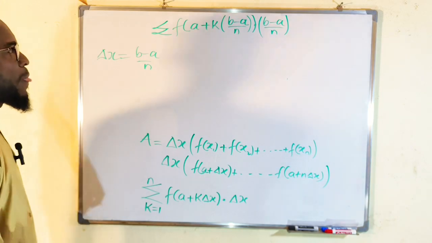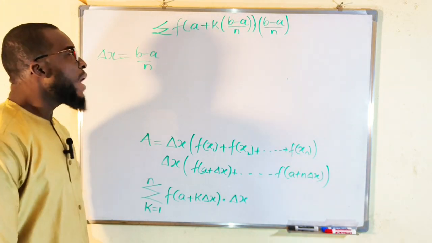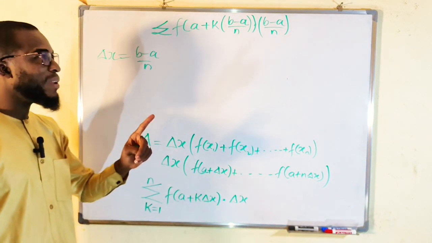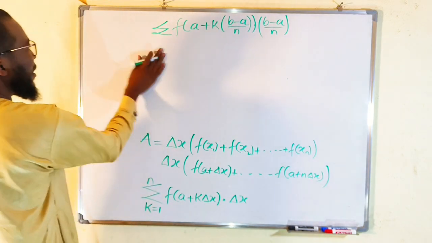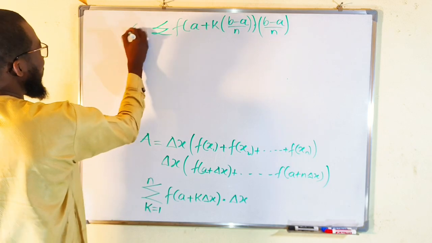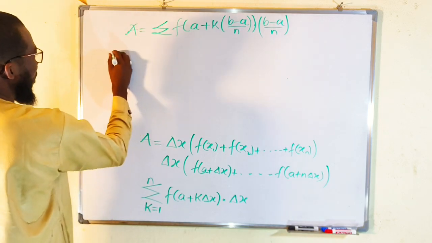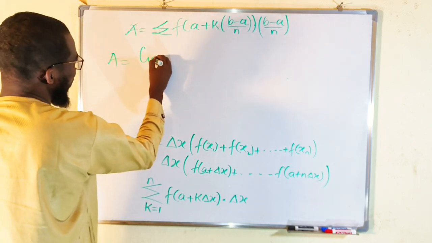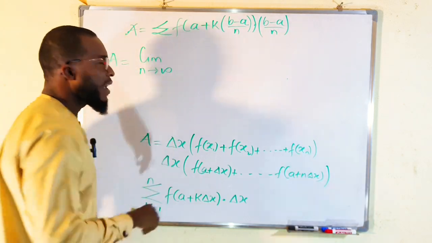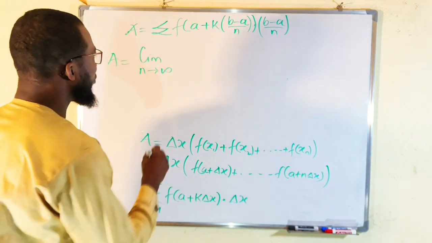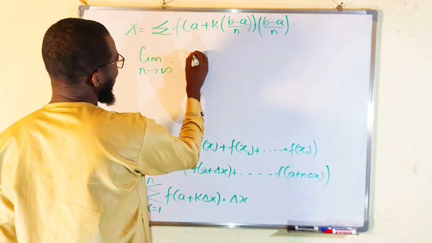But wait, if you want to get more accurate results, you have to take the limit as n approaches infinity. So we're going to do that here. This is our area, remember? So our area would be the limit as n approaches infinity, because we want to inscribe as many rectangles as possible, of the summation.